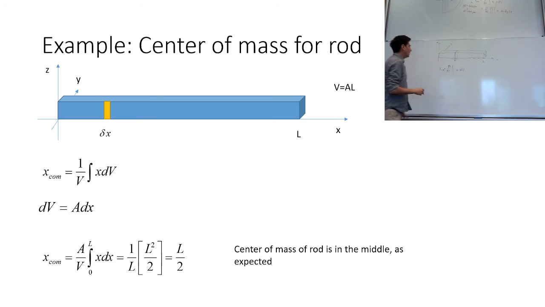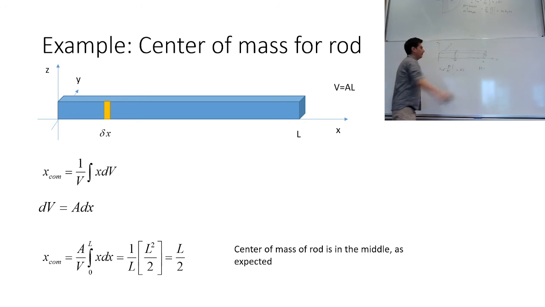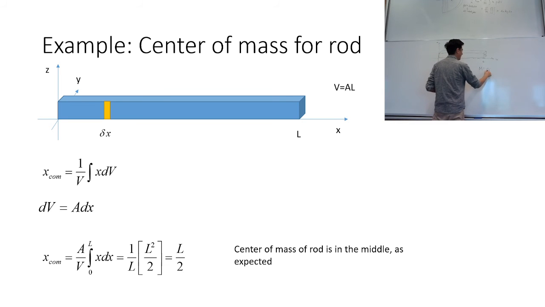So just to first get this prefactor looking the same, we can work out that the mass of this whole thing is equal to the density times its volume. So that's the density, and then the volume is A times L, right? That's the volume of this rod with cross-sectional area A and length L.